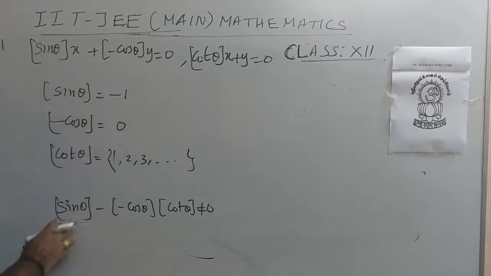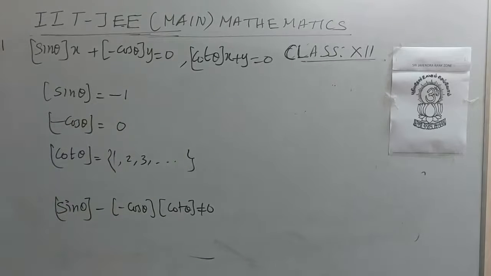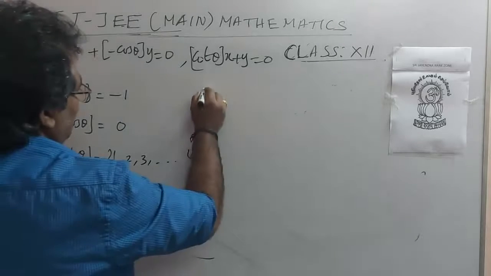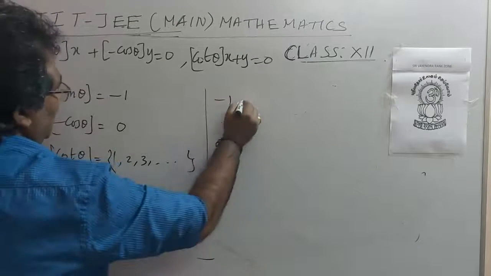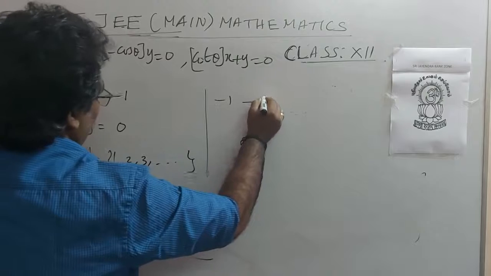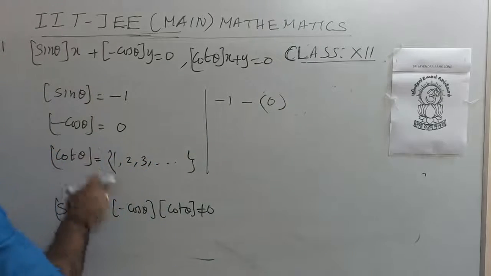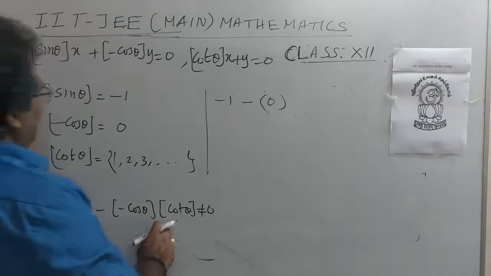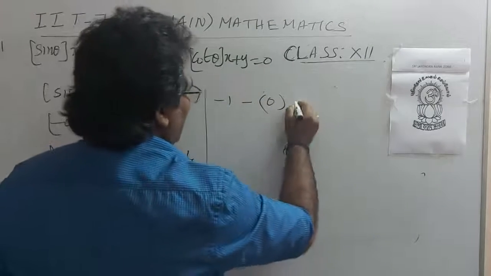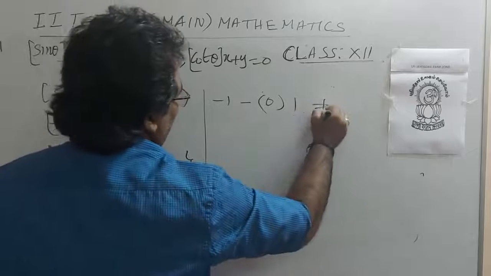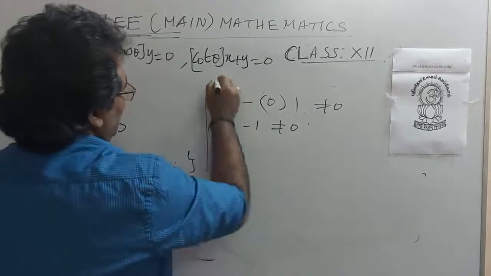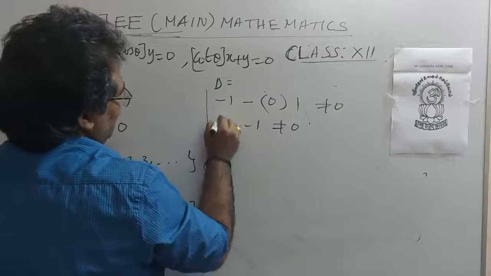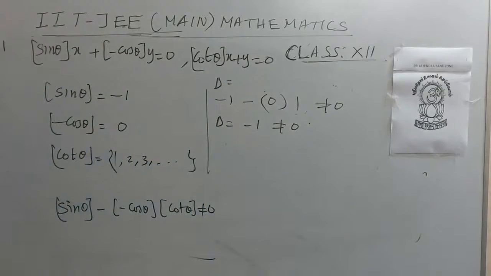So apply those results here. For sin theta, minus 1. For this, 0. For this we have many values, at least starting from 1, which is not equal to 0. So delta equals minus 1, which is not equal to 0.